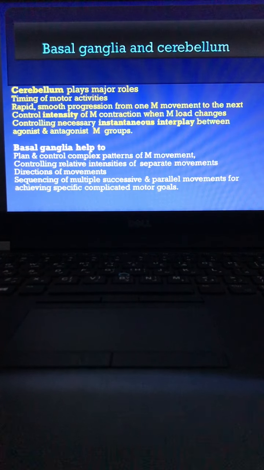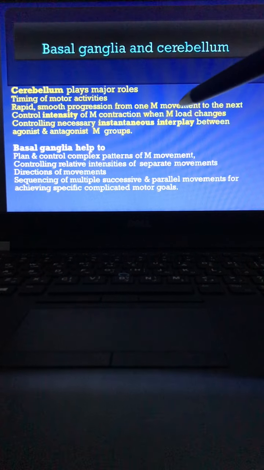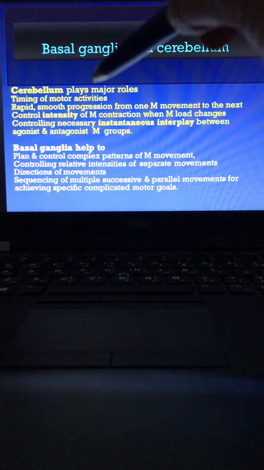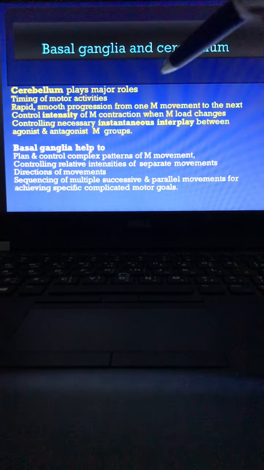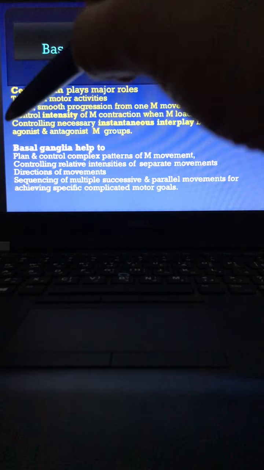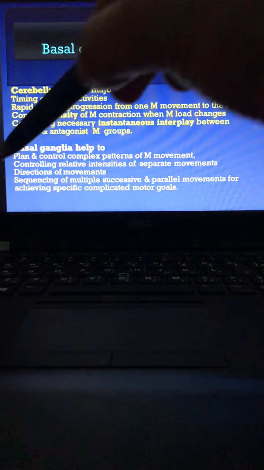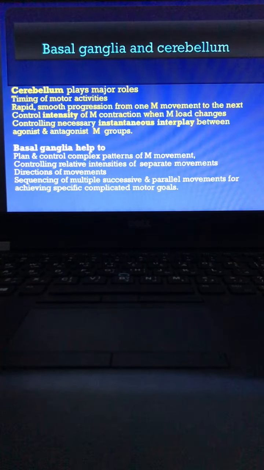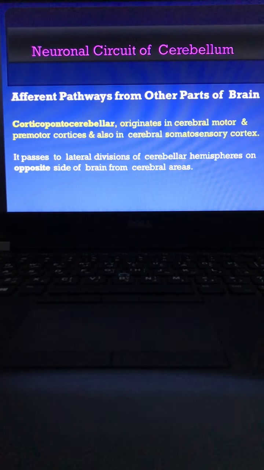About basal ganglia: plan and control complex patterns of muscle movement, control relative intensities of separate movements, directions of movements, sequencing of multiple successive and parallel movements for achieving specific complicated motor goals.